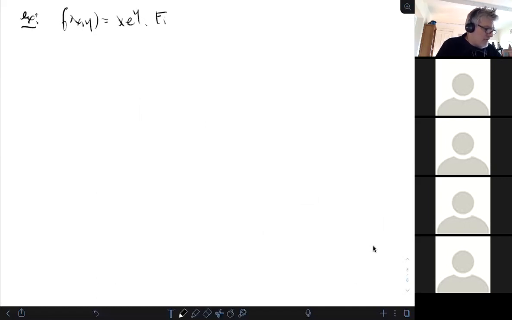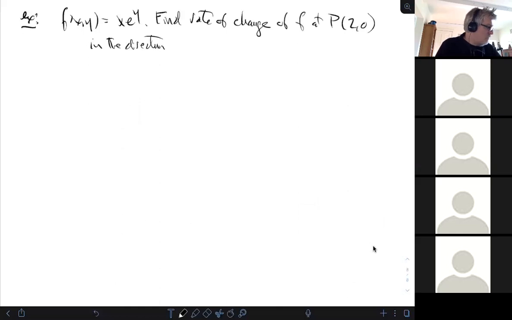We're asked to find the rate of change of f at the point P, which is (2, 0), in the direction from P to the point Q, which is (1/2, 2).